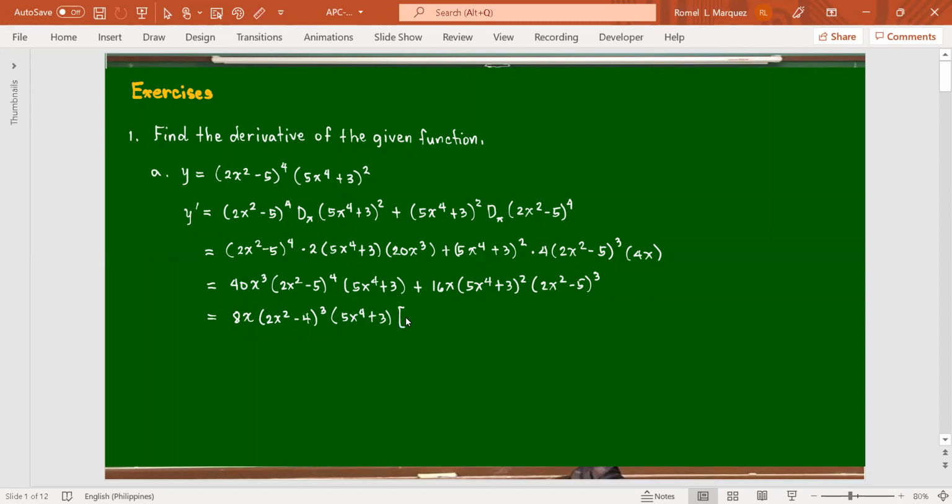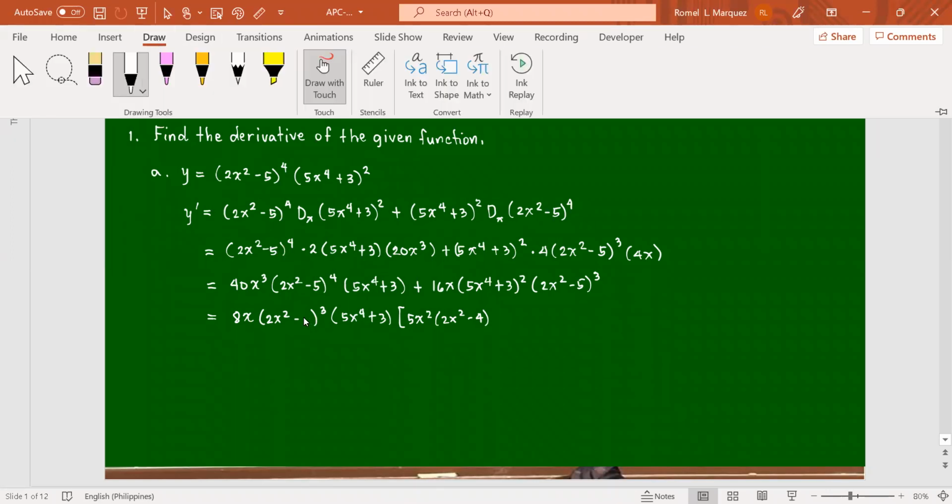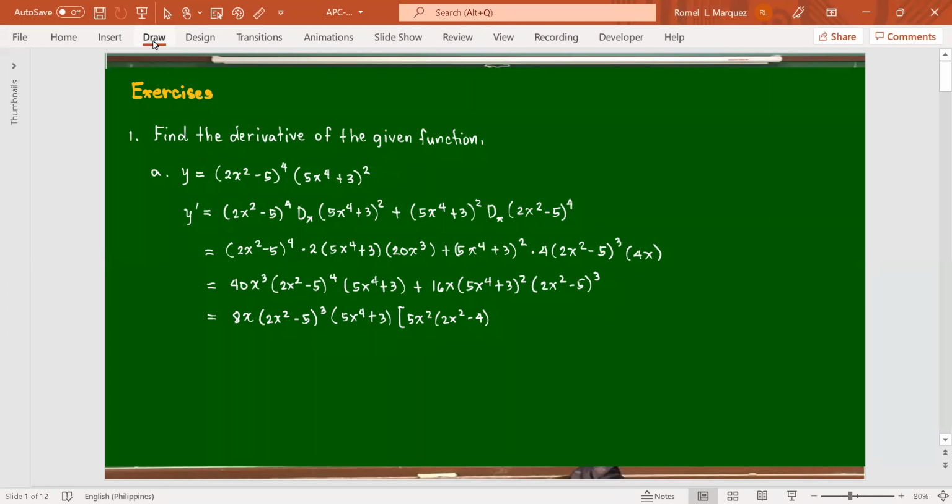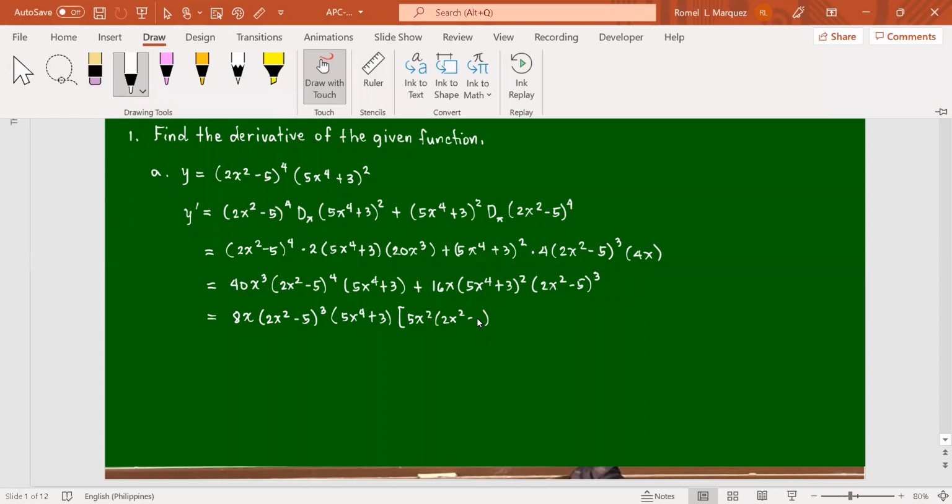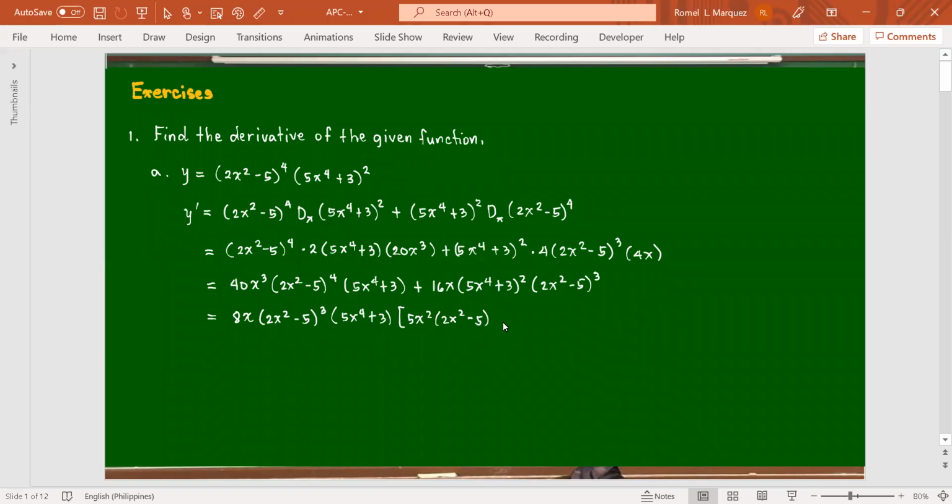40 divided by 8, that is 5. So remaining x squared. Other is 2x squared minus 4. It is supposed to be 5. No? I made a mistake copying. 5 here. So what about here? Quantity to the first, no?